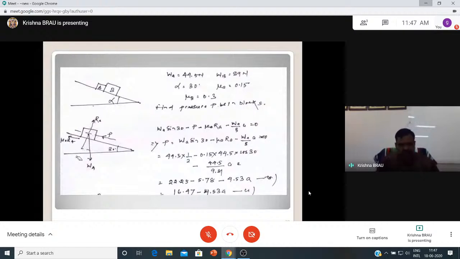As far as the incline is concerned, this is the frictional force. Block B weight is 89 newtons, block A is 44.5, and here the friction is 0.3, the other friction is 0.15.